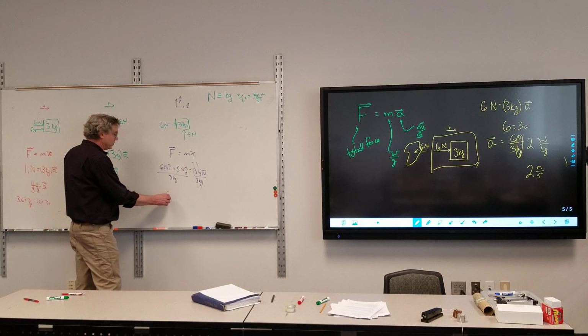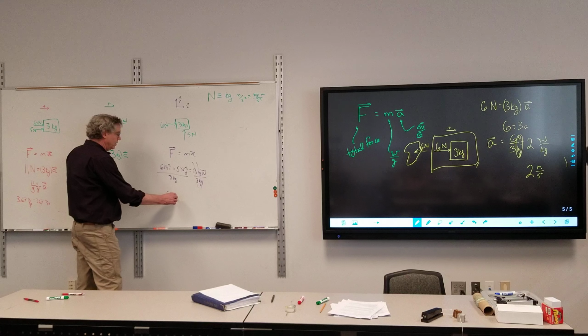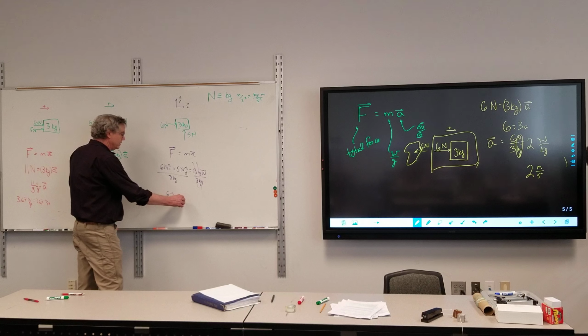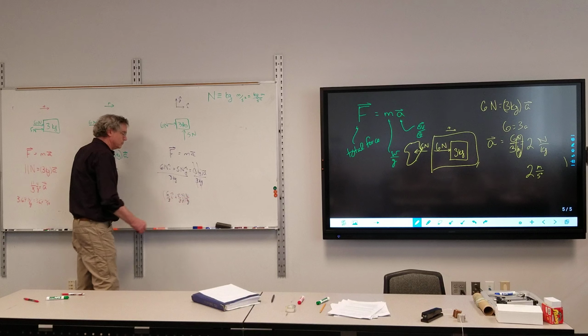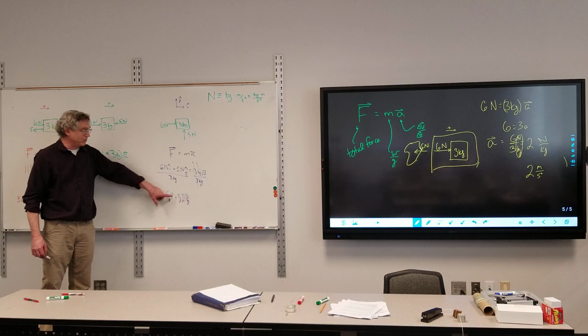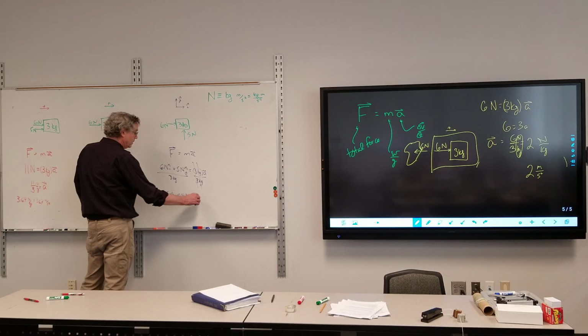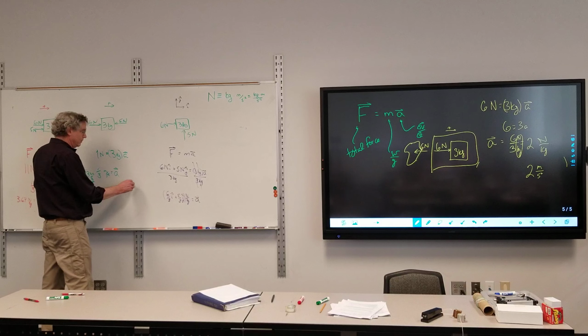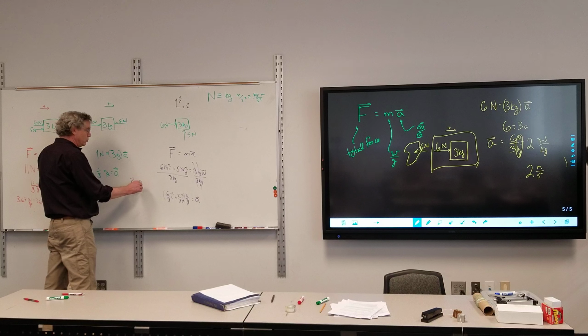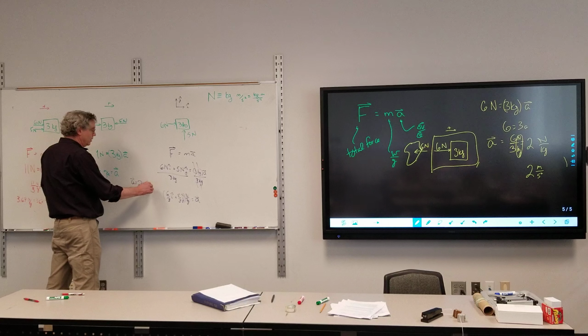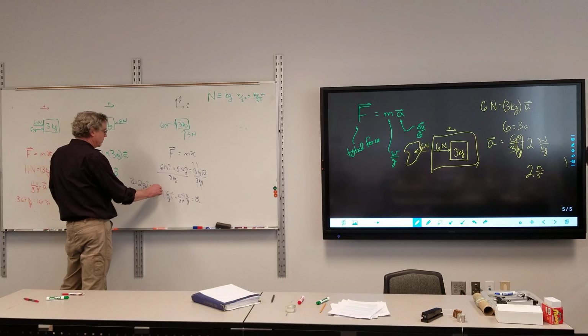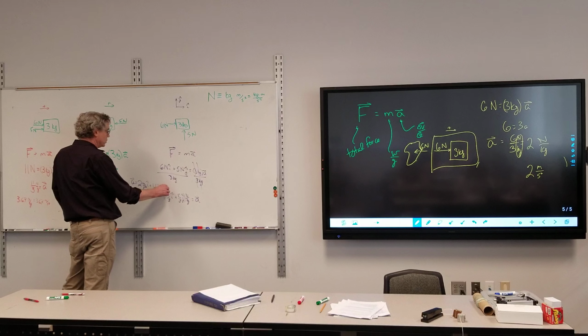So this will be 6 thirds i hat plus 5 thirds j hat, newtons per kilogram. If you want to put the units right next to the numbers, that's fine. Or my acceleration, 2 meters per second squared i hat plus 1.67 meters per second squared j hat.